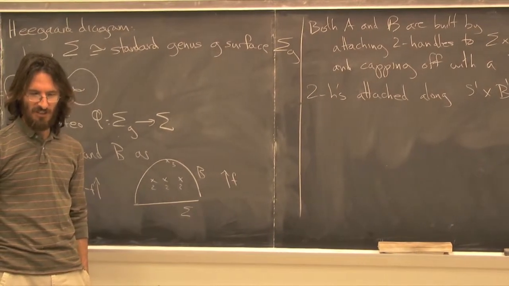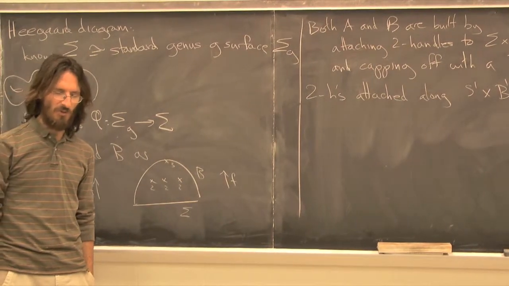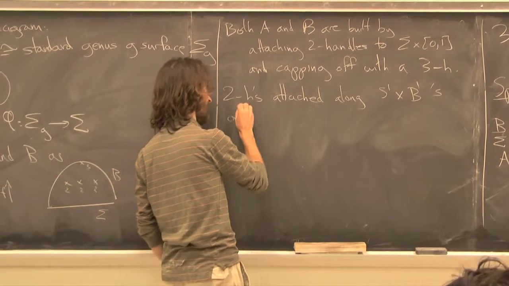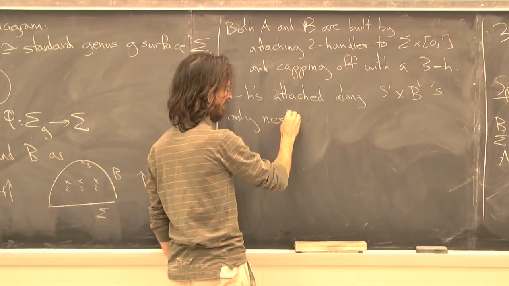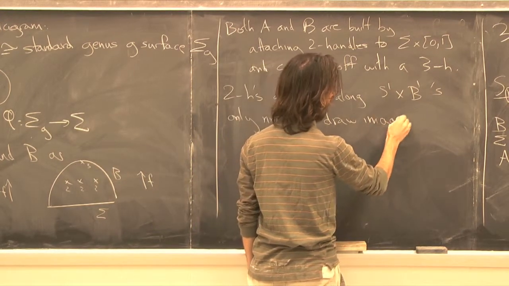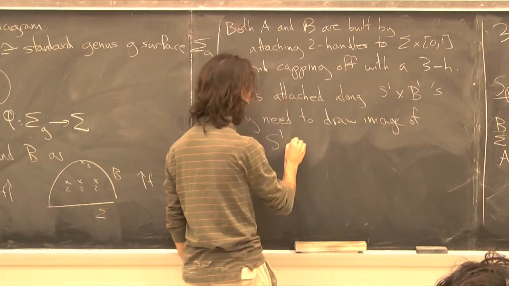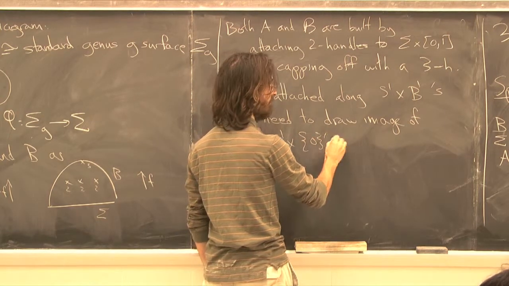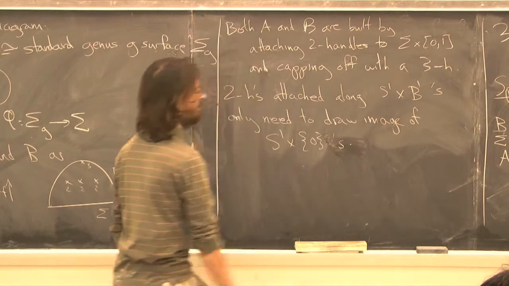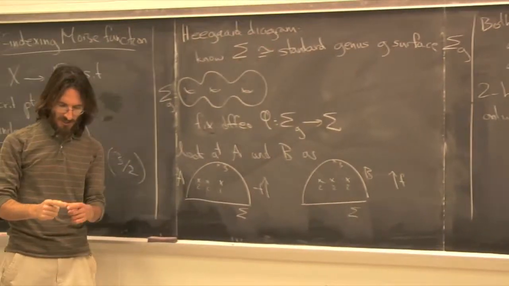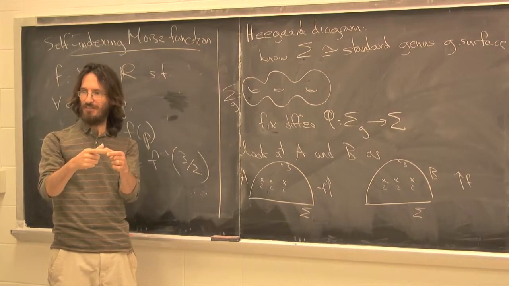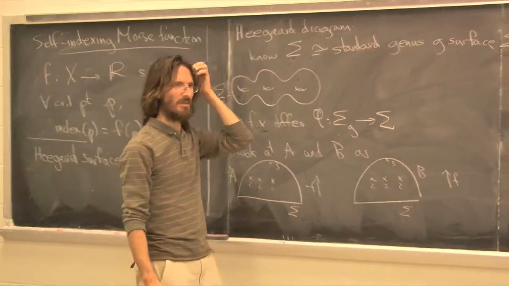But as you mentioned earlier, and I owe you a more careful discussion of this, all I really need to draw is the image of the core, S1 cross 0. Up to isotopy, it's natural in the surface, there's only one way to thicken up a curve to be an S1 cross B1.